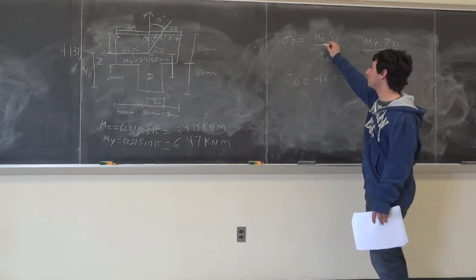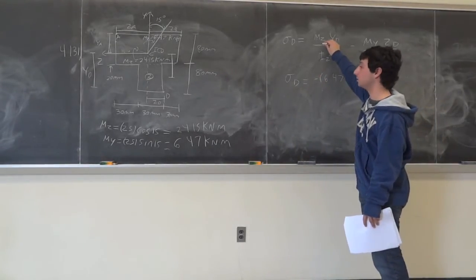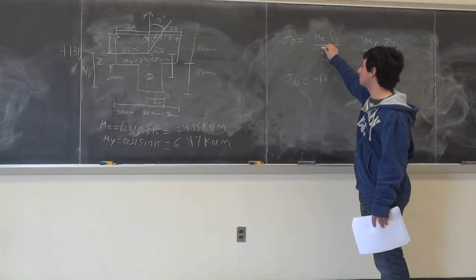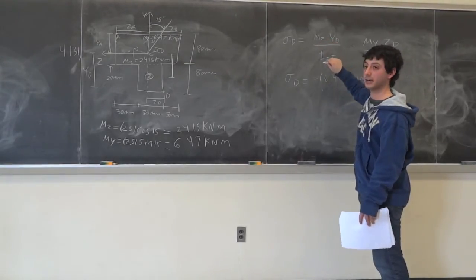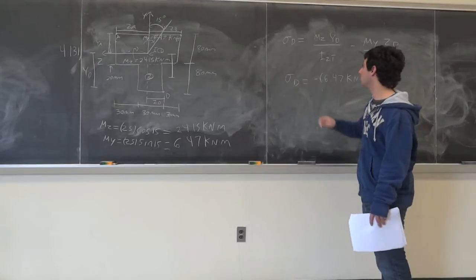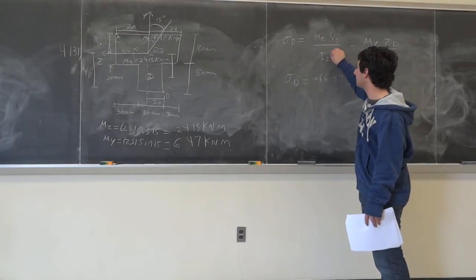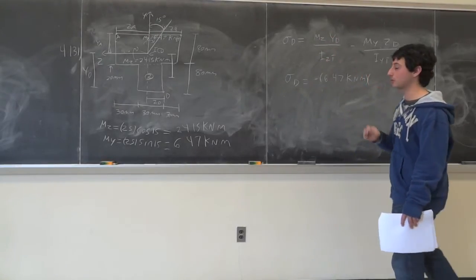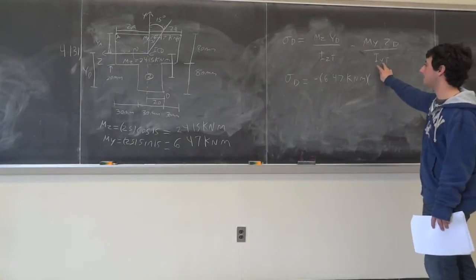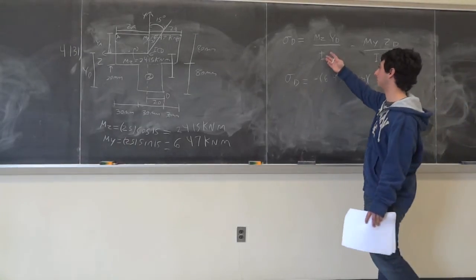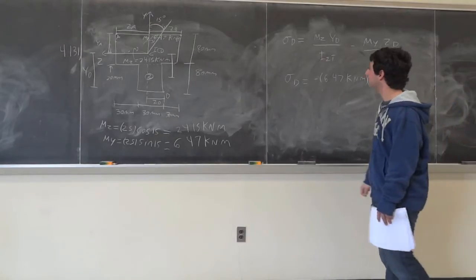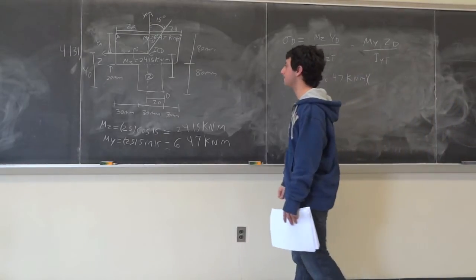You're finding the bending stress due to the moment around the z-axis, so you have to use the total moment of inertia around the z-axis. It's always the total moment of inertia on the bottom. This is the formula for bending stress. Okay.